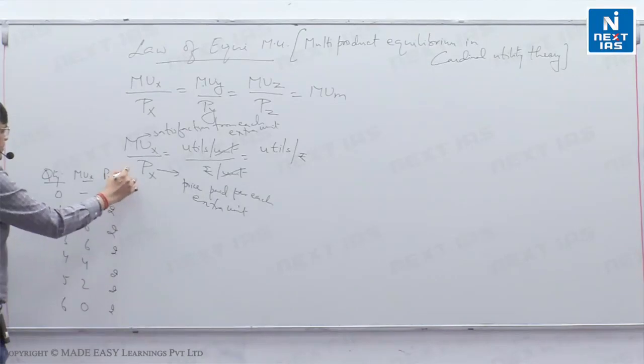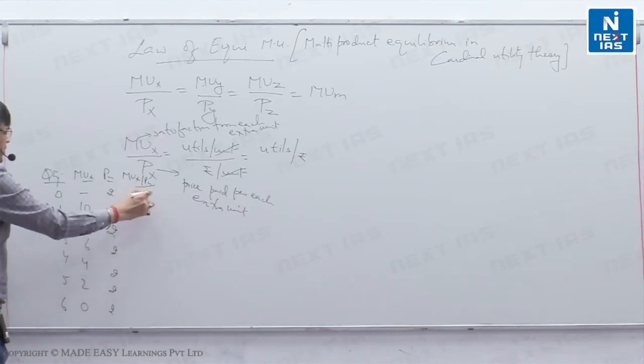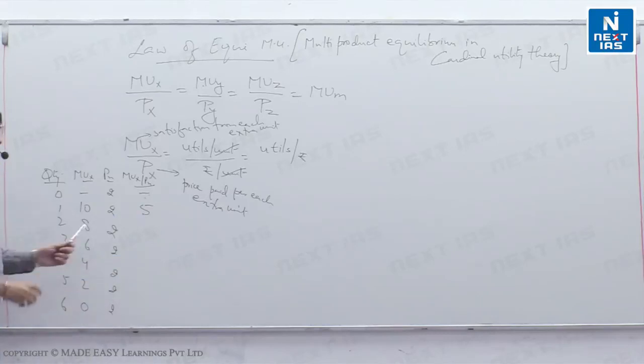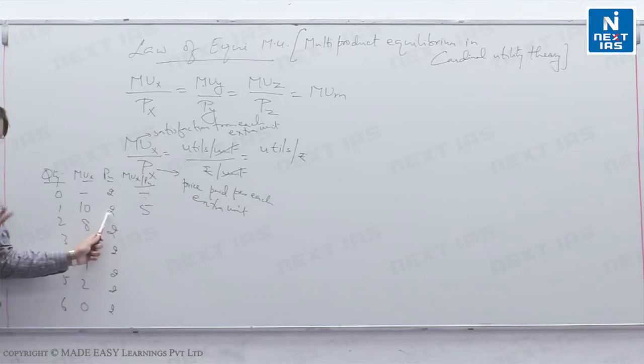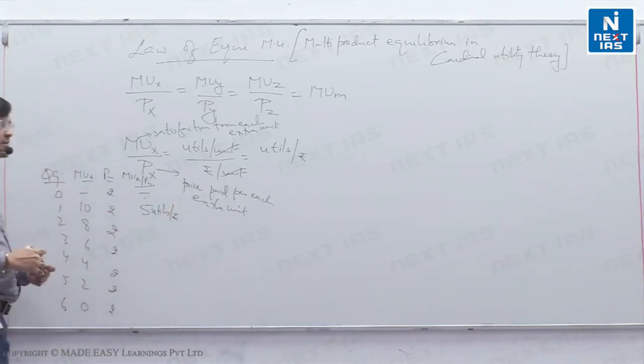Now that means if I take the ratio MUX by PX, I am getting undefined, of course, and then 5. So what does this 5 mean? This 5 means that we are getting 10 utils of satisfaction from the first unit. And how much do I pay for the first unit? 2 rupees. So per rupee that I pay, how much satisfaction do I get? 5. So if I write this as nothing but 5 utils per rupee, makes sense?